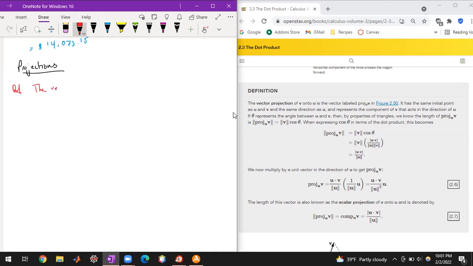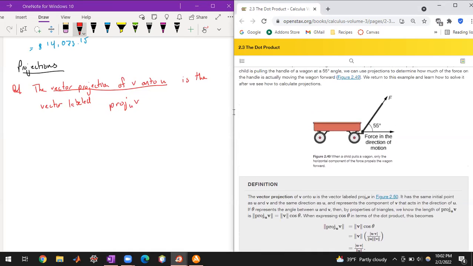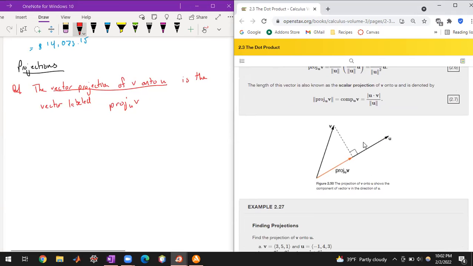So the vector projection of V onto U is the vector labeled projection of V onto U. Right, so we see in this figure here.